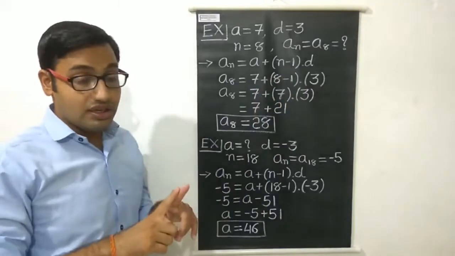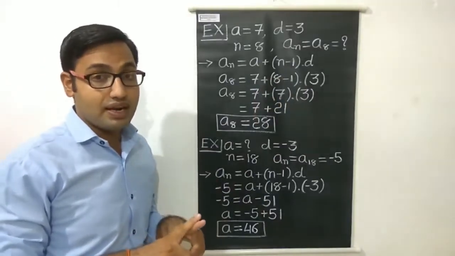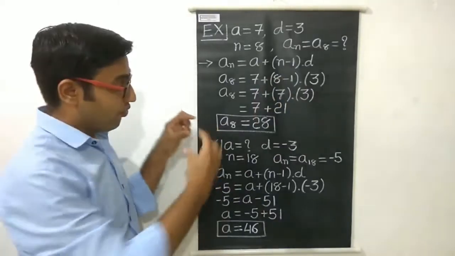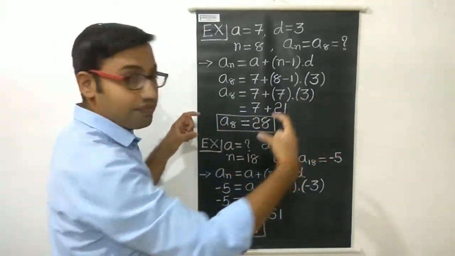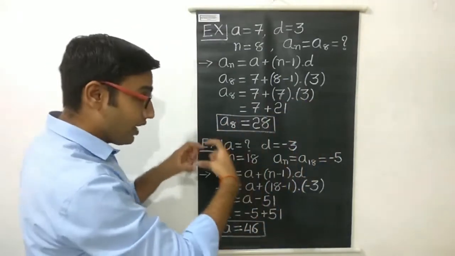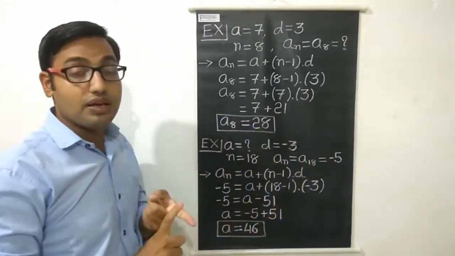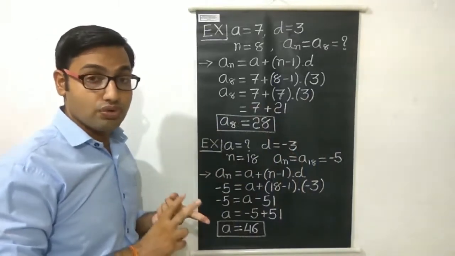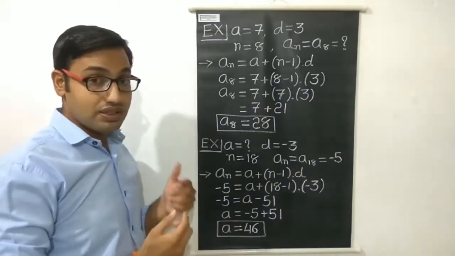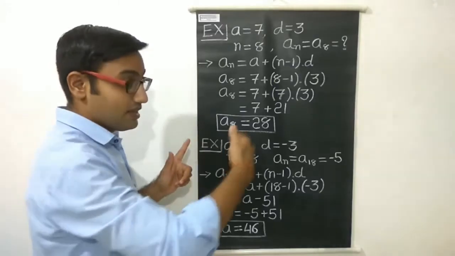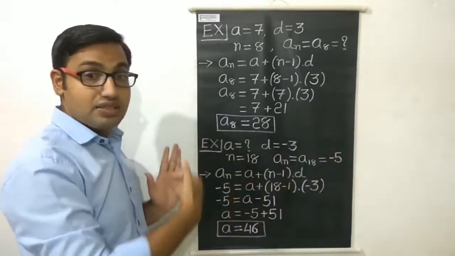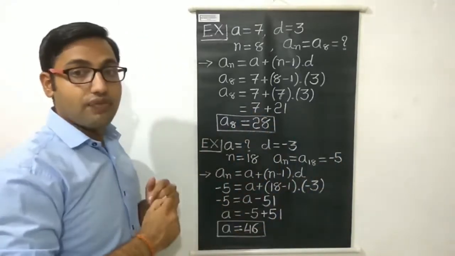One thing you have to keep in mind is that there are two things. One is the number of the term and the second one is the value of the term. Don't be confused between these two quantities, right? Both are different.